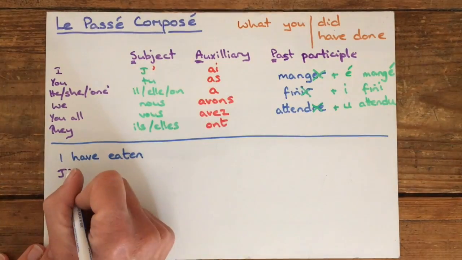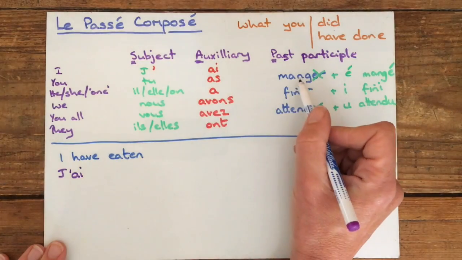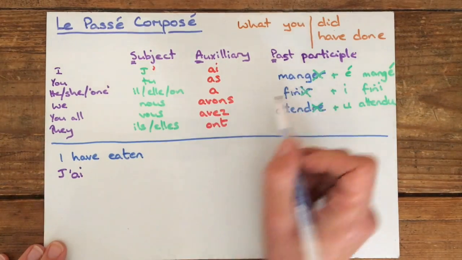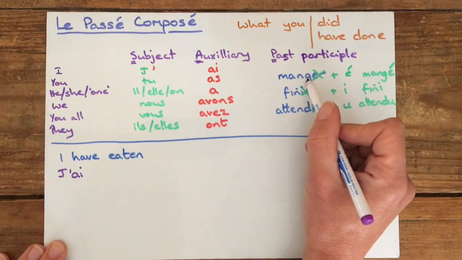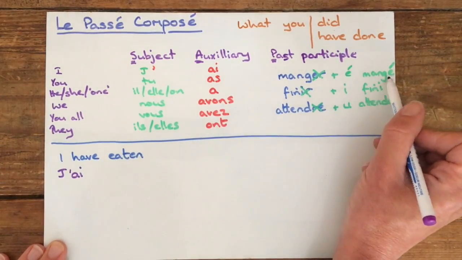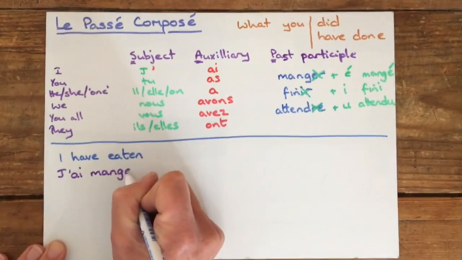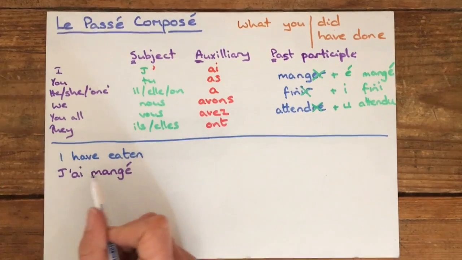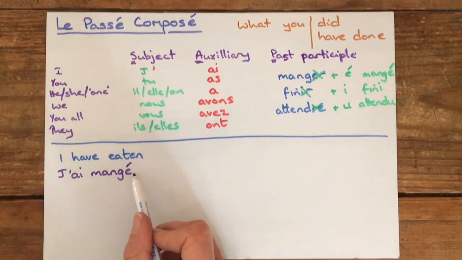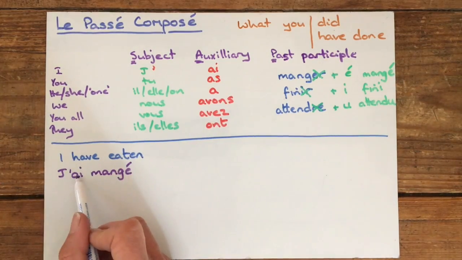Your auxiliary down here is j'ai. And then you need your past participle of the verb to eat, which is manger. Take off the ending. Add your e acute. Mangé. J'ai mangé. Now you need all three bits. You can't have je mangeais. Okay? It needs to be j'ai mangé.